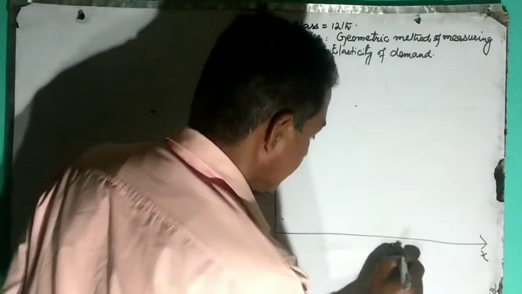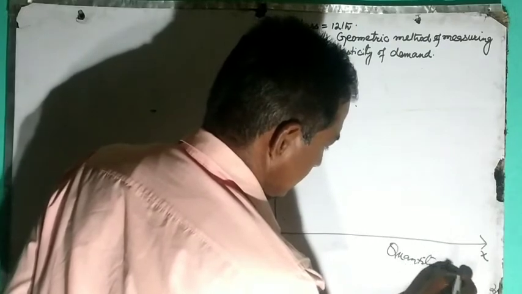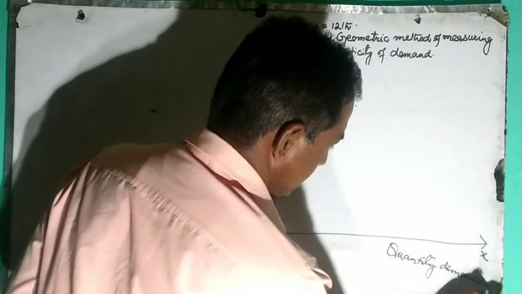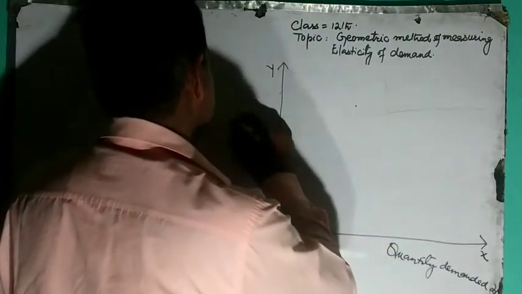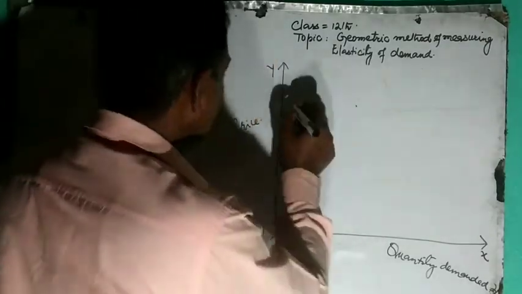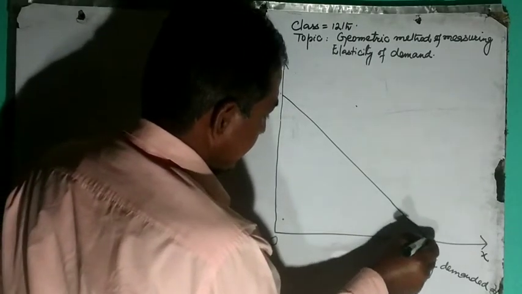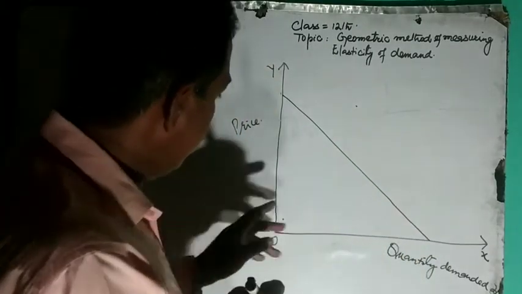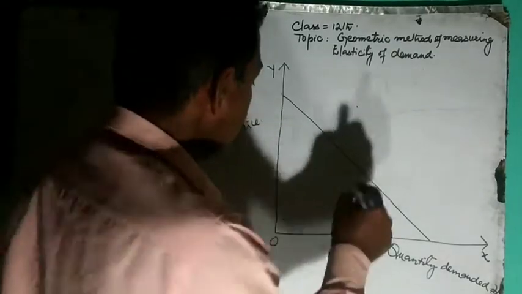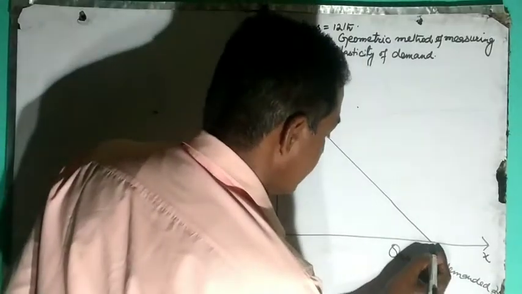Quantity demanded, price. We draw a demand curve Mn, and we assume that P is in the middle of the demand curve Mn, since this is a straight line demand curve.